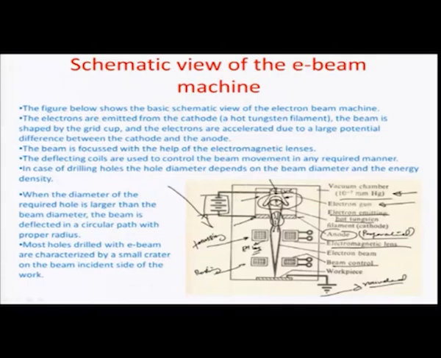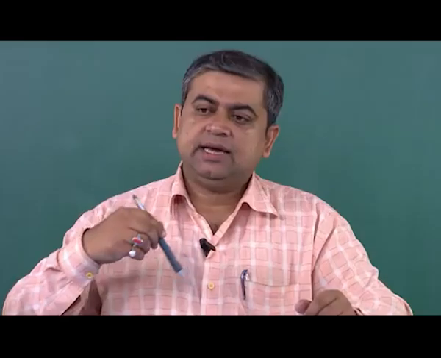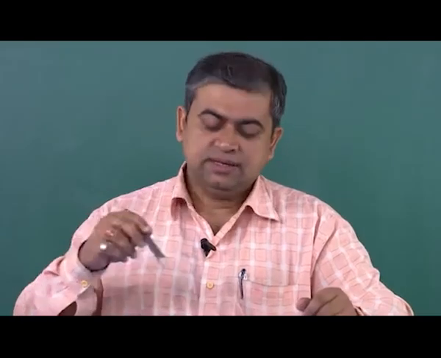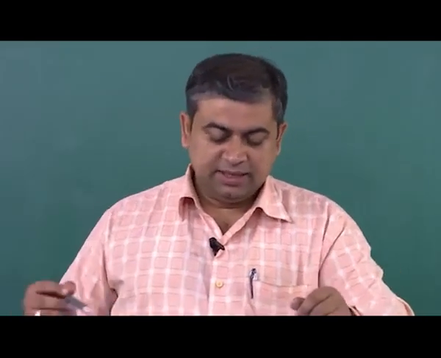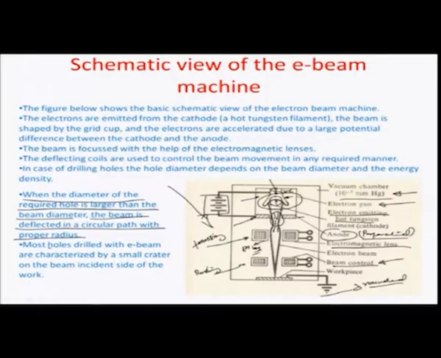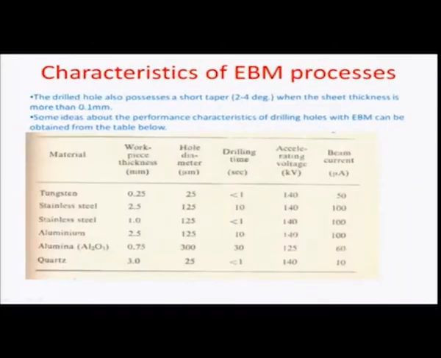So, when the diameter of the required hole is larger than the beam diameter, typically you can take the beam around in a circular path by changing the beam control, and this will result in a much wider area of rastering and scanning on the surface, resulting in machining. Okay. So, most holes drilled with e-beam are characterized by a small crater on the beam incident side of the workpiece. So, that is how an e-beam system operates and generates the beam.